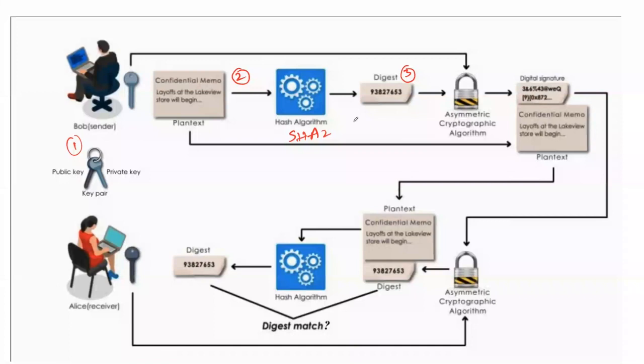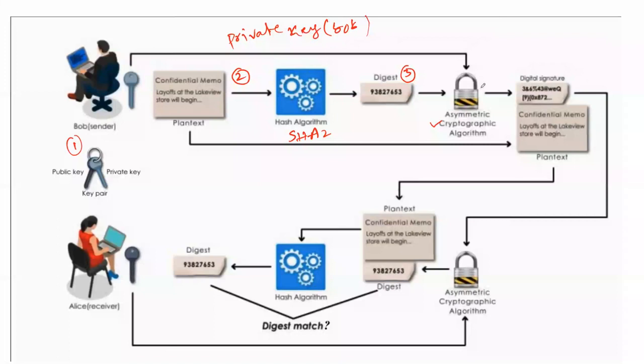Once this digest is there, it is given as an input to the asymmetric cryptographic algorithm. Instead of encrypting the plain text, the digest is encrypted by the private key of Bob.